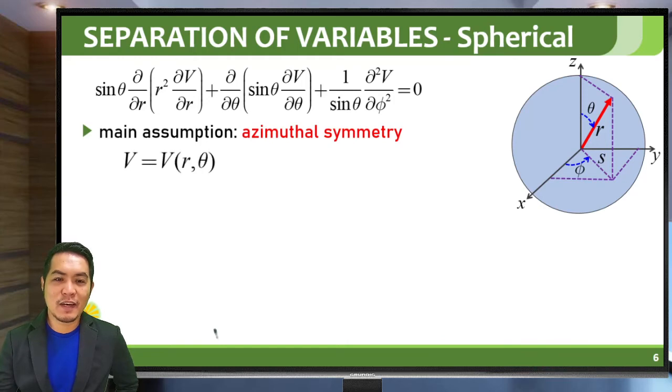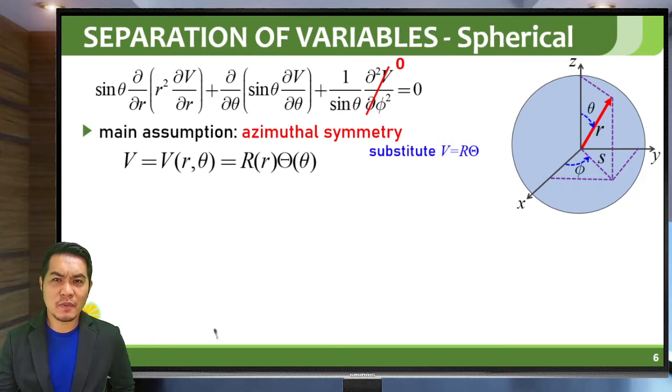If you have azimuthal symmetry, your potential doesn't depend on phi, the azimuthal angle, which means we can just write separable solutions in r and theta. So our Laplace equation in spherical coordinates will just be reduced to two terms.